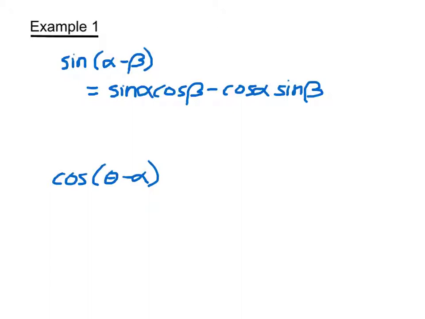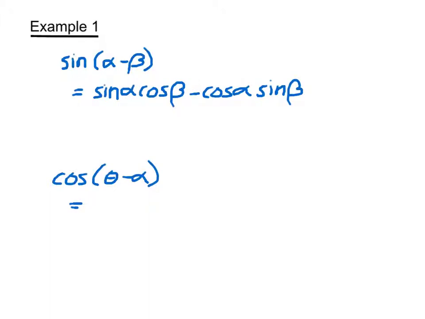In the next problem, we want to expand cosine theta minus alpha. And this is the original formula that we came up with. And again, we can just plug in theta and alpha in for A and B. So we have cosine theta cosine alpha plus sine theta sine alpha.